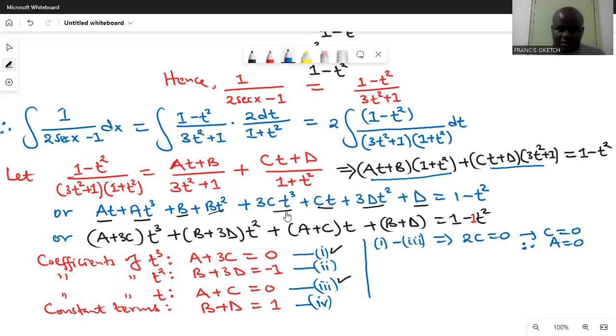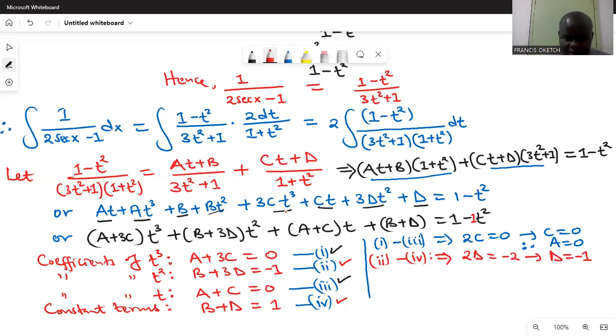Now let's solve the other two, equations 2 and 4. Considering 2 minus 4, that will give us 2d equals negative 2, which means d equals negative 1.